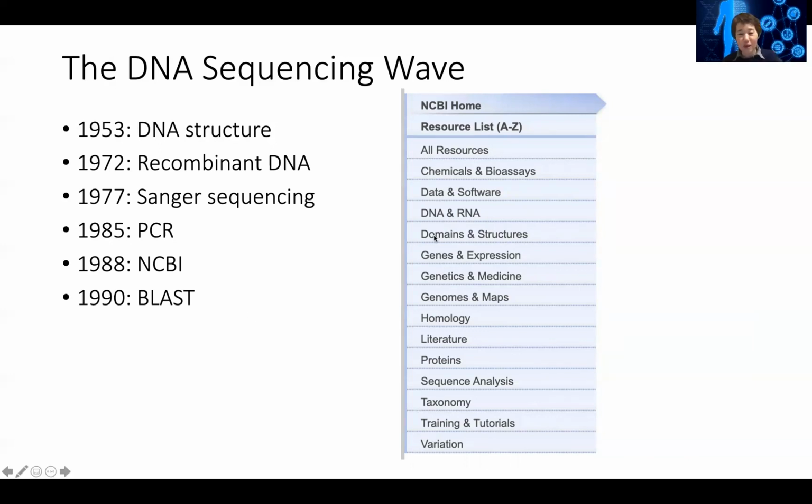There is information on protein domains and structure, on genes and gene expression, on genetics and medicine, on whole genome sequences and mapping of genome sequences, and on homologies between the same gene in human versus mouse versus rat and different species. On literature, I think a lot of biologists probably know PubMed. It has millions of published articles.